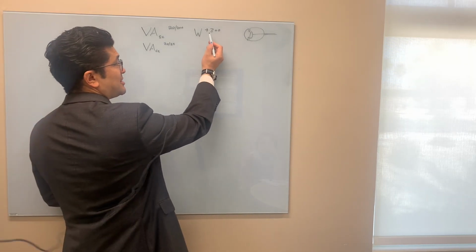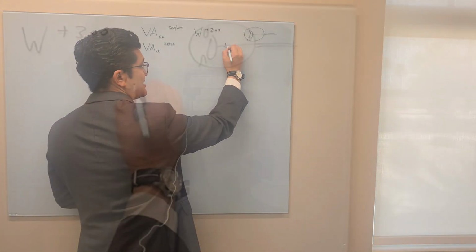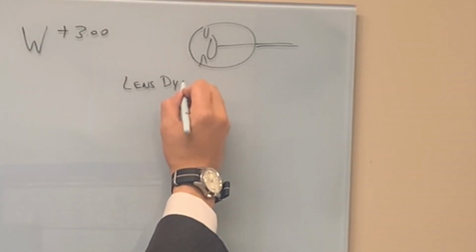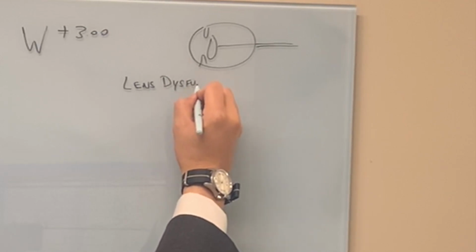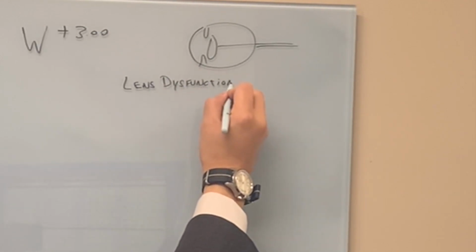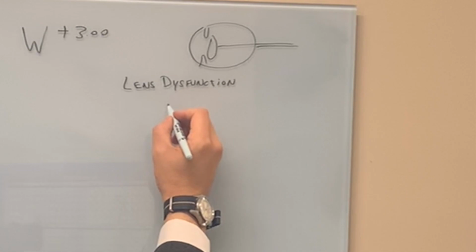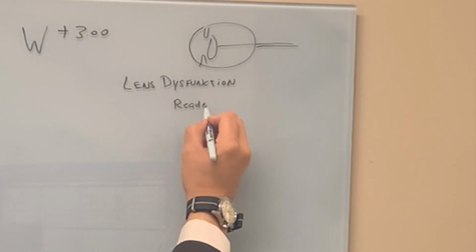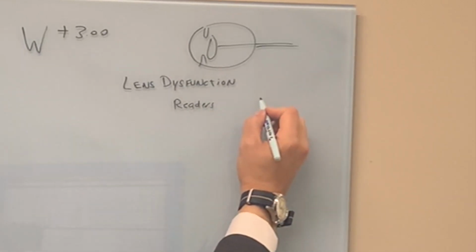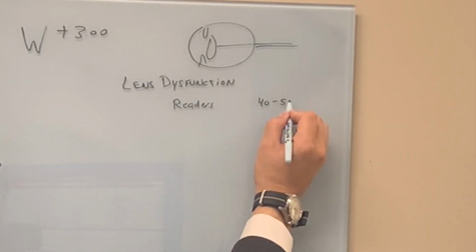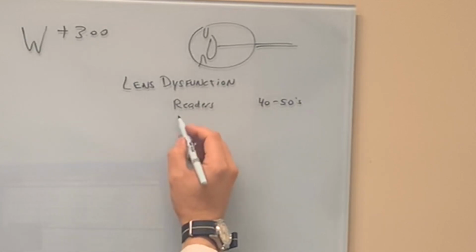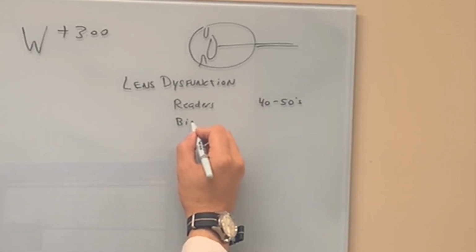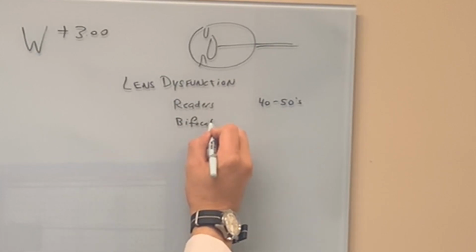Our hyperopic patient will first start to see the first sign of lens dysfunction in their 40s, 50s, and now we start to get them in readers. And then when they get to their 50s, 60s, now they're in readers and distance, they're into bifocals or progressives.